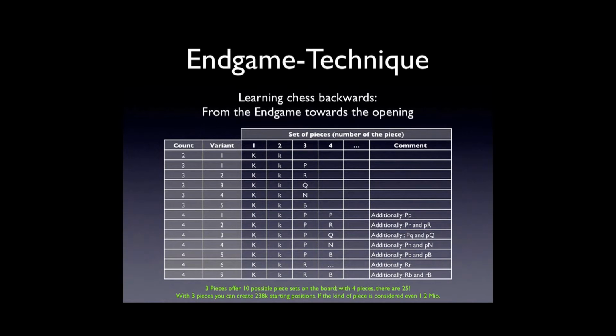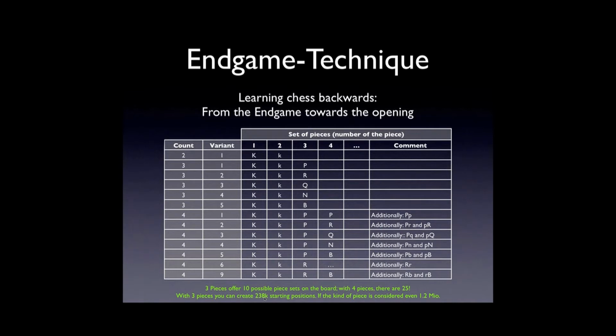And talking about positions, with three pieces, you can create roughly about 338 thousand starting positions. How does it come? Well, the first king has got 64 fields to be placed on. The second king, roughly 62, because he has to consider a space between him and the other king.